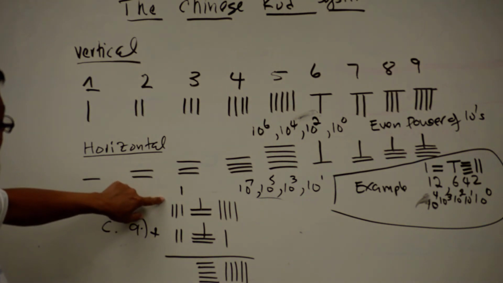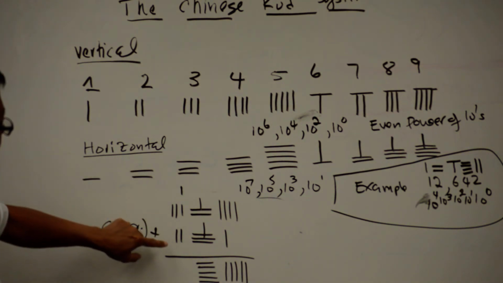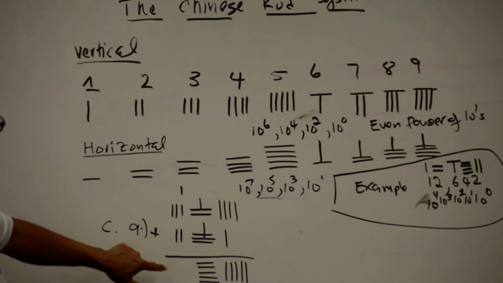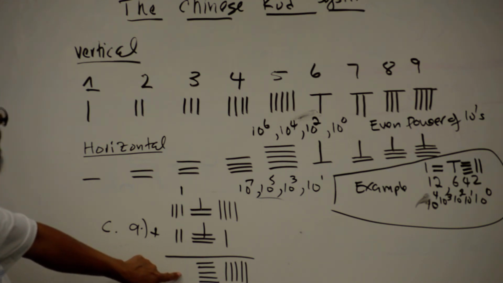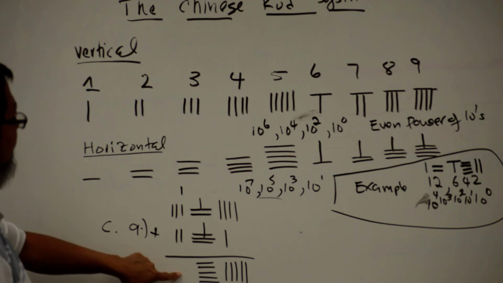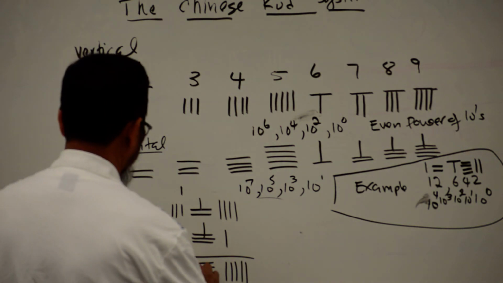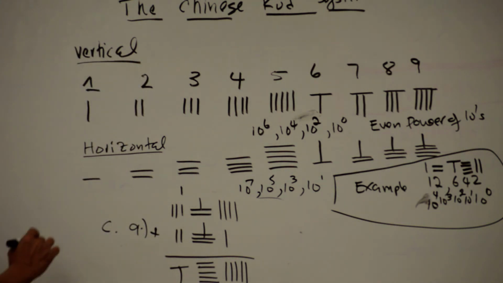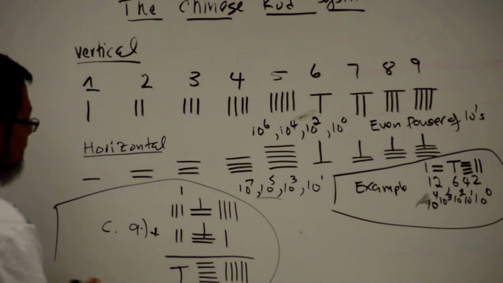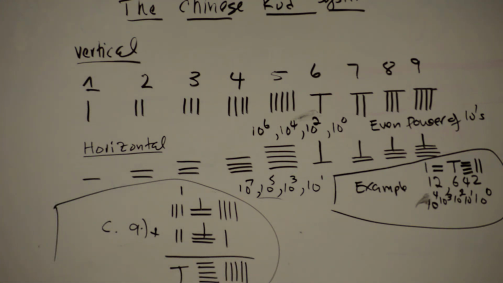Okay, let's see, we have 3 plus 3, 6. 6 is in the 10 to the second power, that's even, in the 100th place. So 6 is this one. So that is the answer without conversion. You can do that. Any questions, comments here?